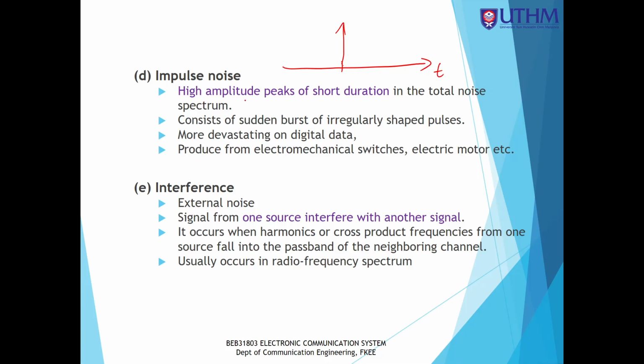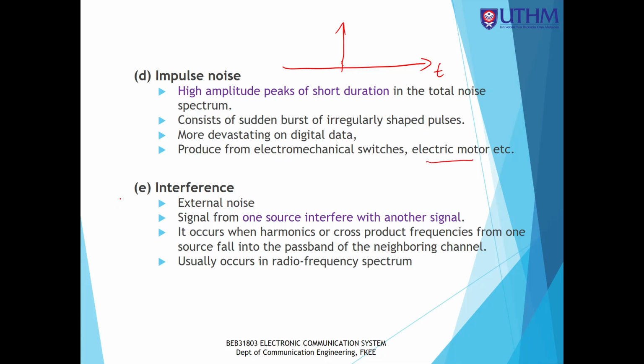This is in terms of the time domain, so if we look at it in the time domain, it is something like this. It is a high amplitude peak of short duration in the total spectrum. It has a short time but a large amplitude. High amplitude, short duration: this is impulse noise. It is produced from electromechanical switches, electric motors, and so on.